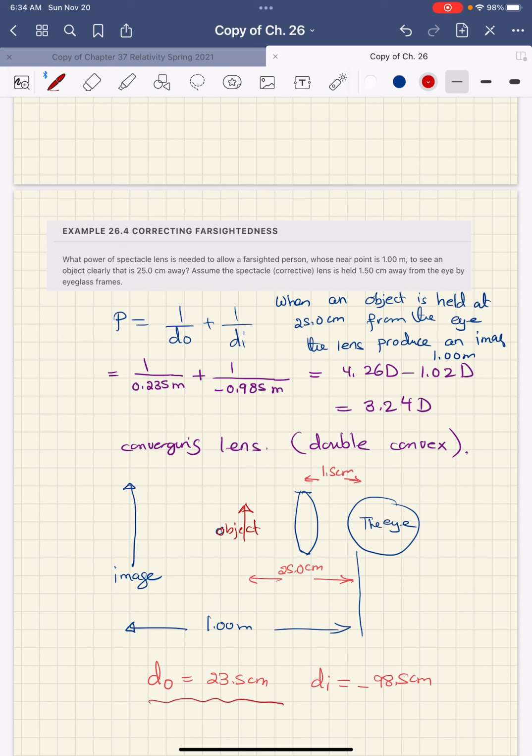It is 25 minus 1.5, and di is going to be 1 meter minus 1.5. I will plug in these numbers: 1 over f, which is the power, equals 1 over do plus 1 over di. This gives us a positive number, which means that this is a convex lens.